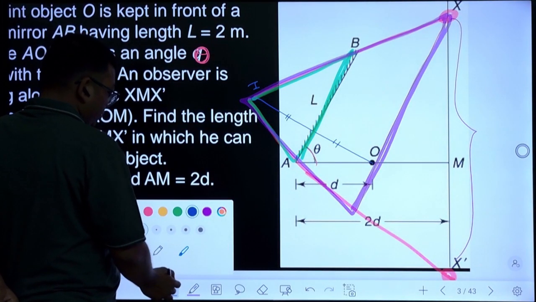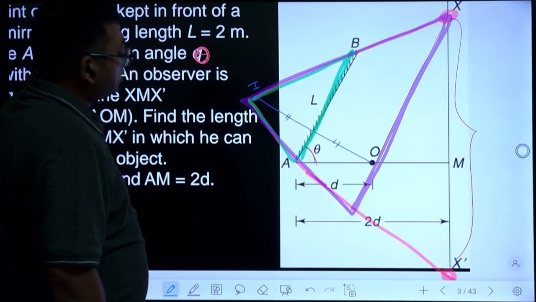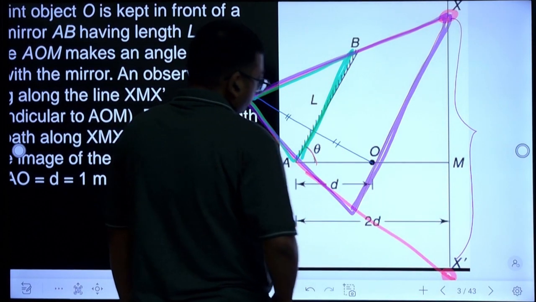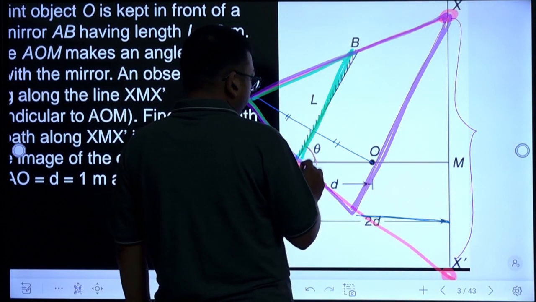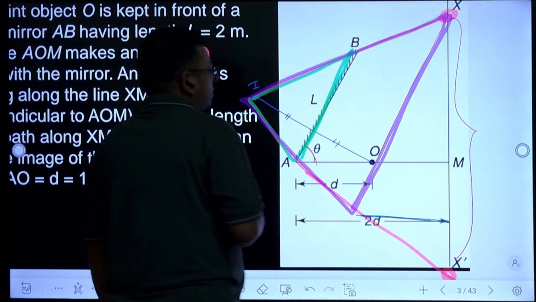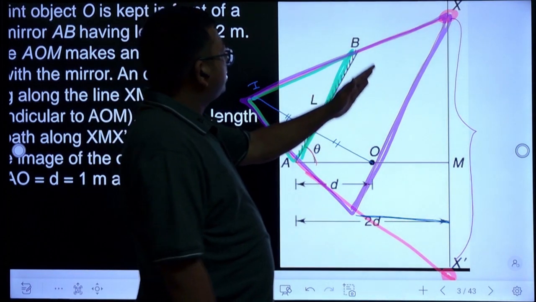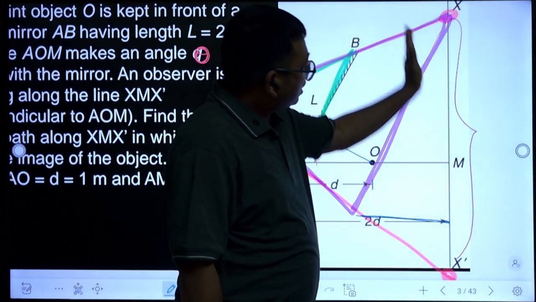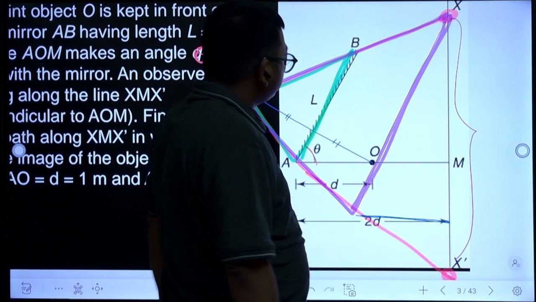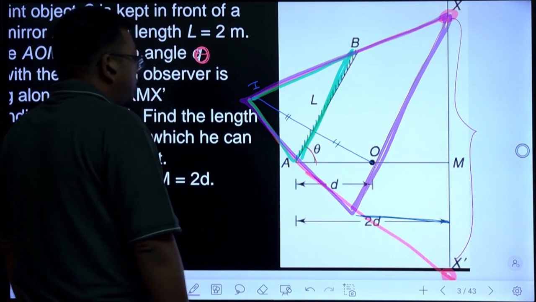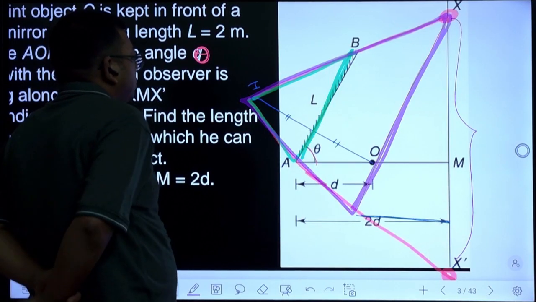These two are parallel, I can take. So with this horizontal, it will be making angle theta here, like this line is making theta. So if I can calculate that line, then I need to calculate this one. So I need to think about this angle and we can possibly do it, right?